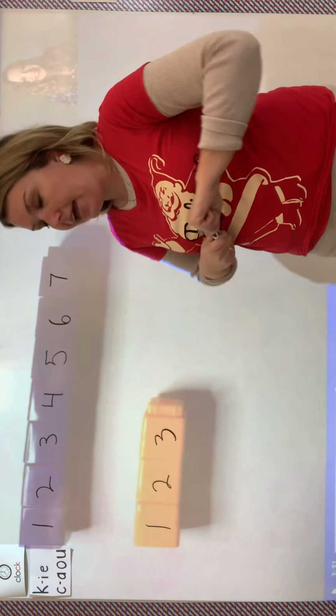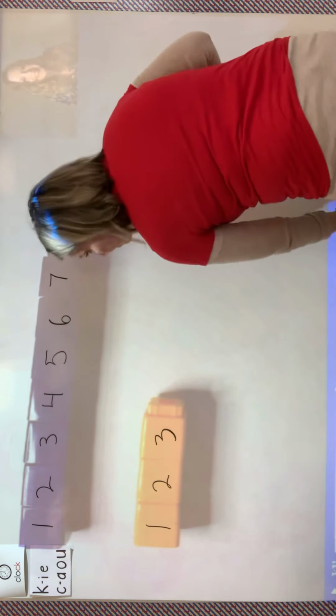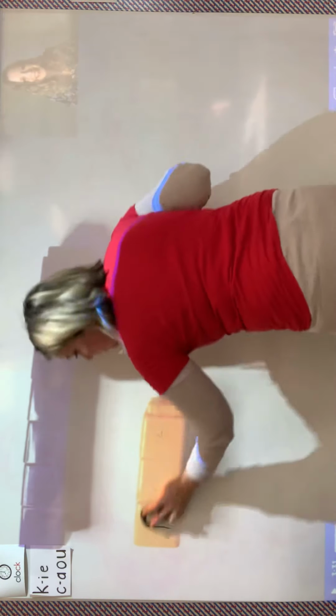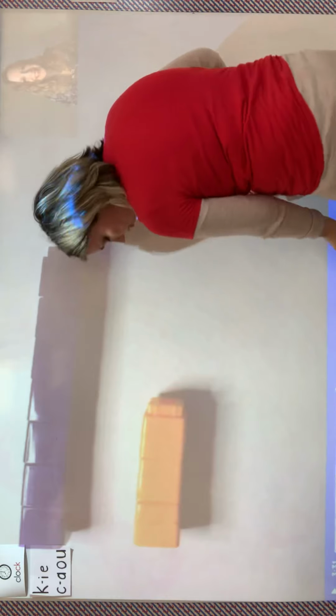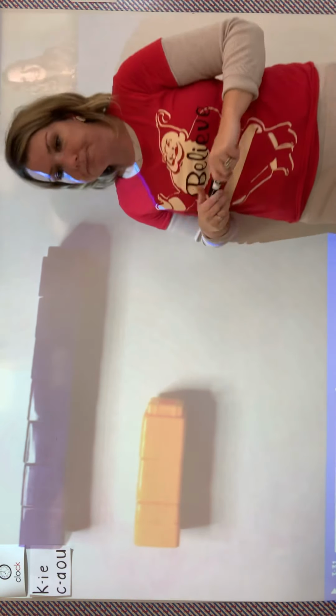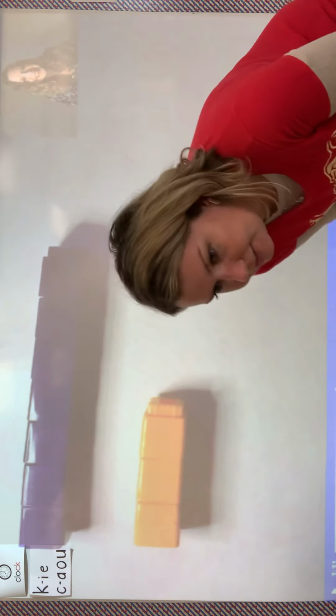What's another way I can figure out, other than counting, that this 7 train is longer? Let's see. Russell, I haven't heard from you much.